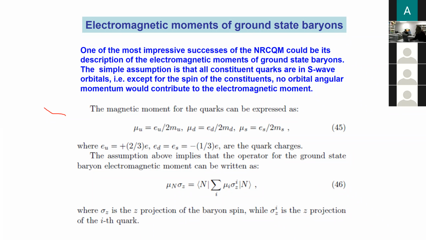The reason is because the quark distribution inside of the nucleon will lead to the dipole moment to be non-zero. Therefore, if you calculate the magnetic moment of the hadron, it must be the sum of the constituents' contribution to the magnetic moment, or if there's an orbital angular momentum, that will also contribute to the hadron's magnetic moment.